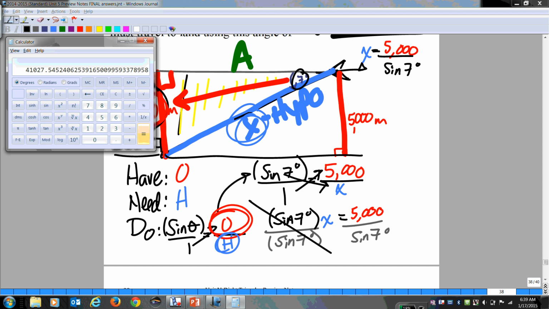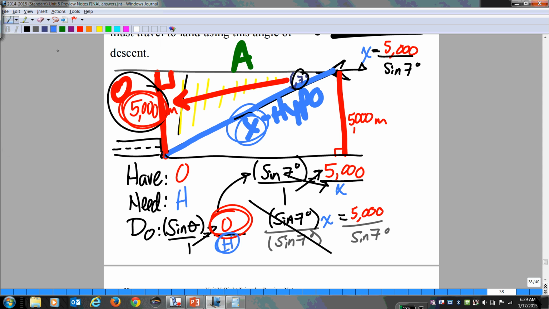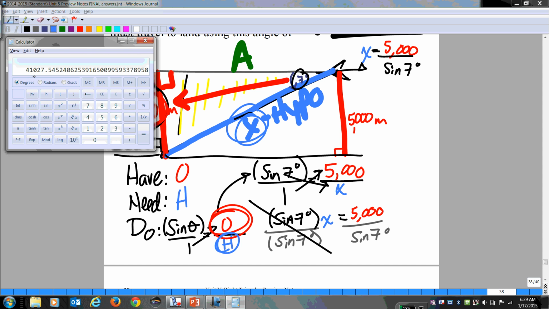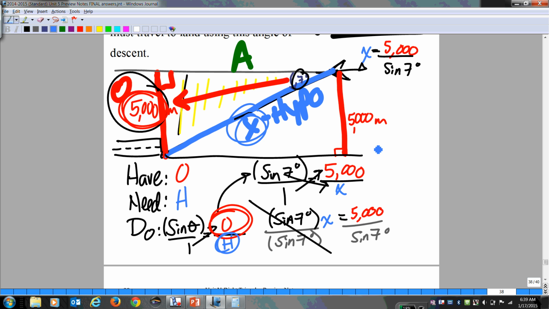And we get 41,027.55. 41,027 meters, 0.55.